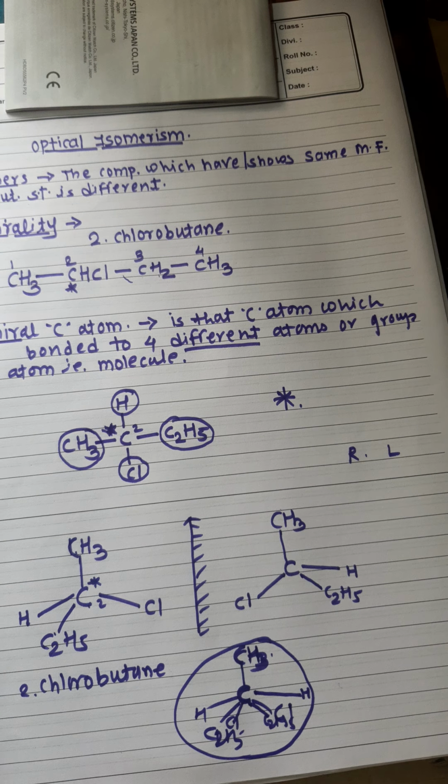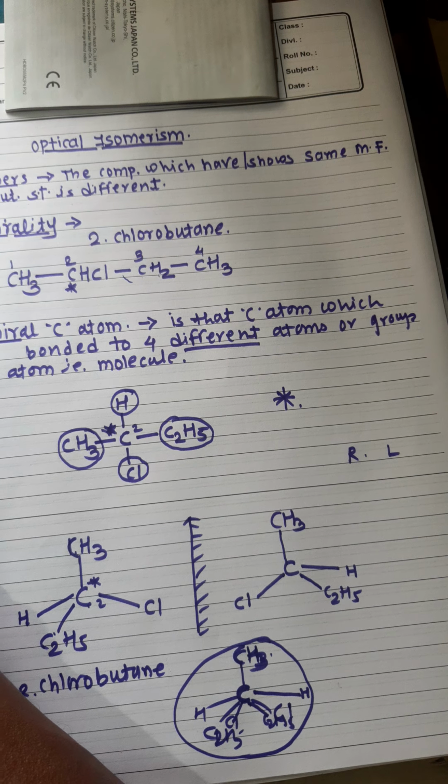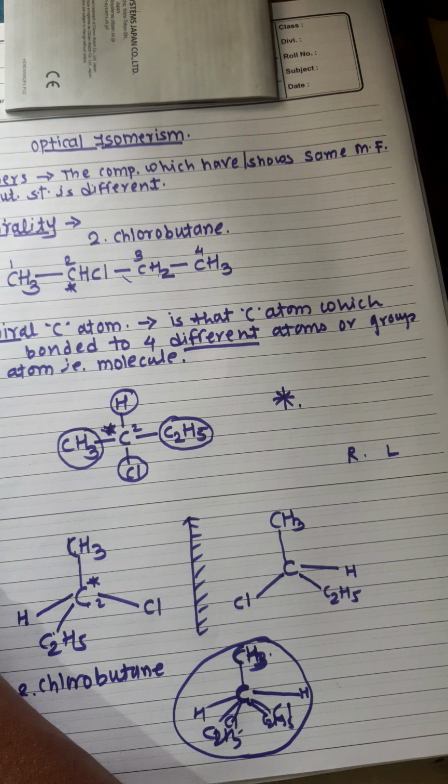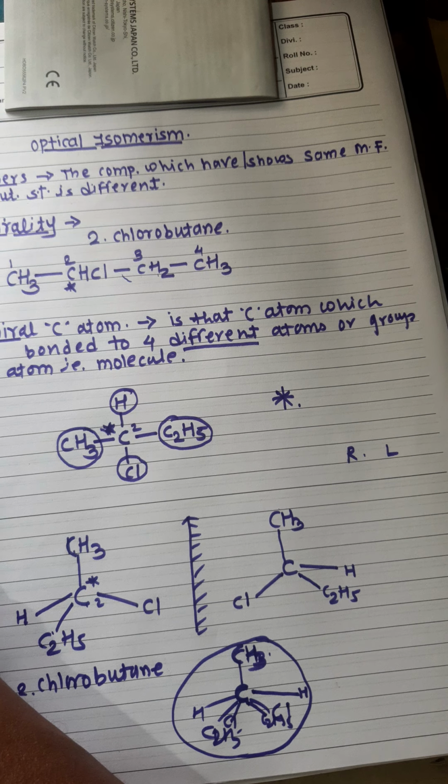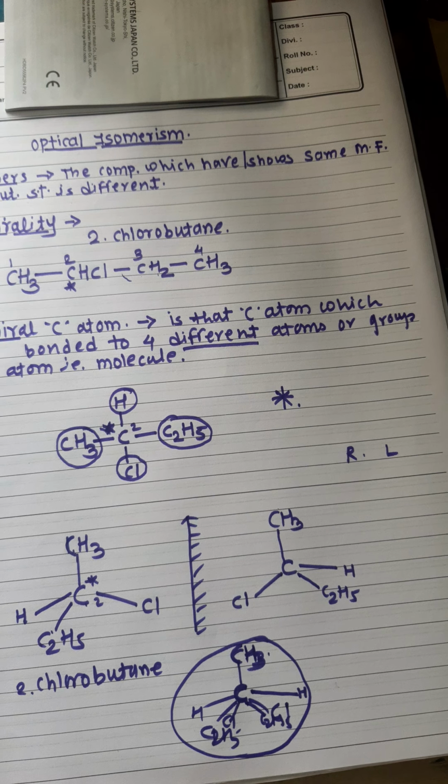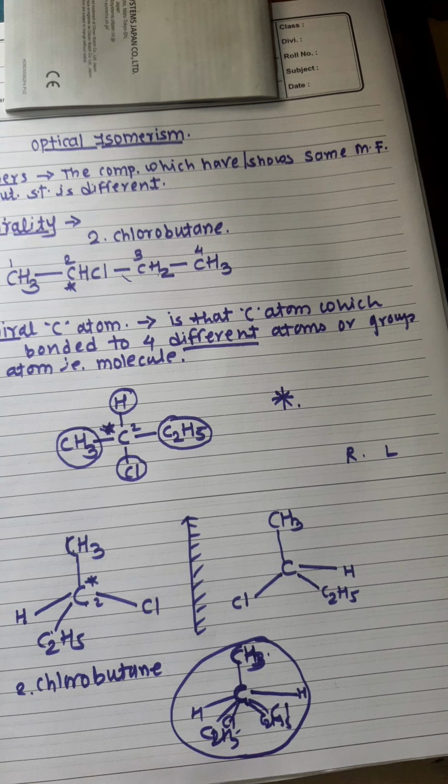A chiral atom is one which has four different atoms or groups attached to it, denoted by an asterisk. Chiral compounds show optical isomerism, as they are non-superimposable mirror images of each other.